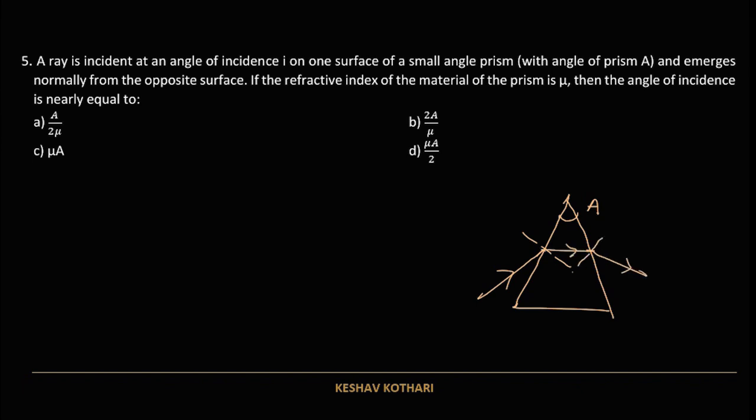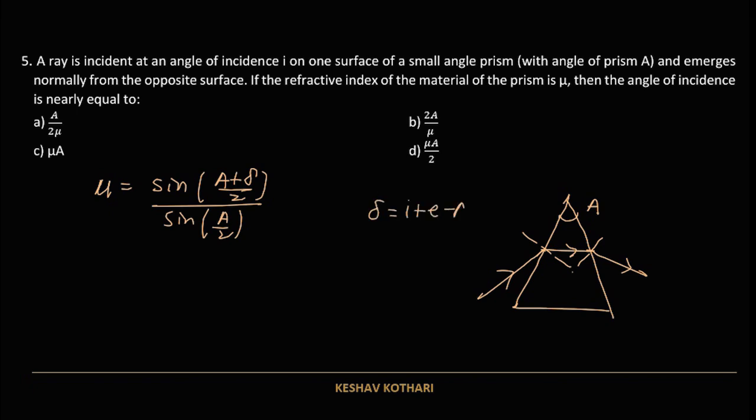Now according to the problem, the working formula is mu is equal to sine of (A plus D) by 2 upon sine A by 2. If you remember, we can write that delta is equal to i plus e minus A. So if I put it over here, we get sine of (A plus delta) by 2 upon sine A by 2.